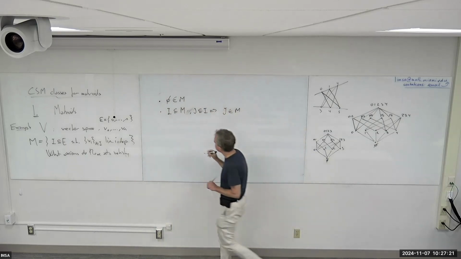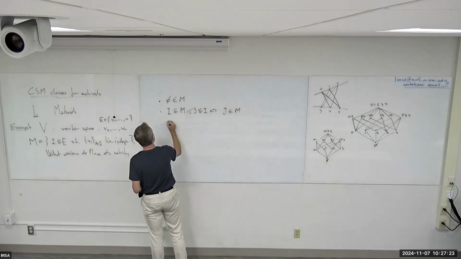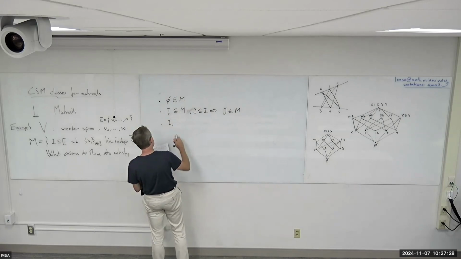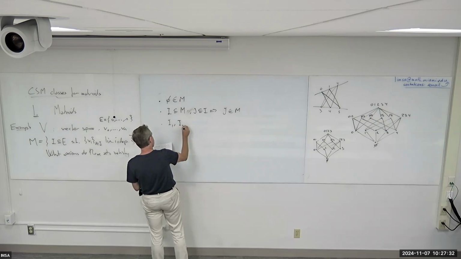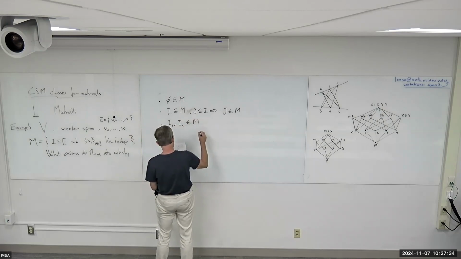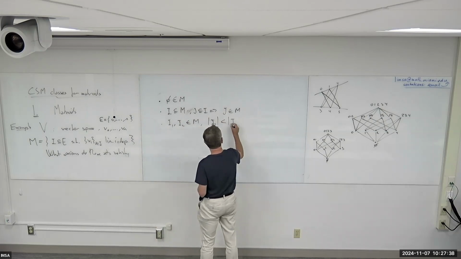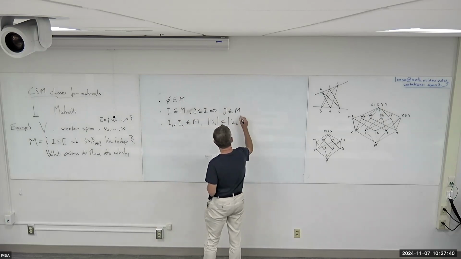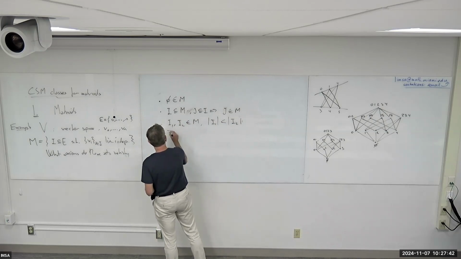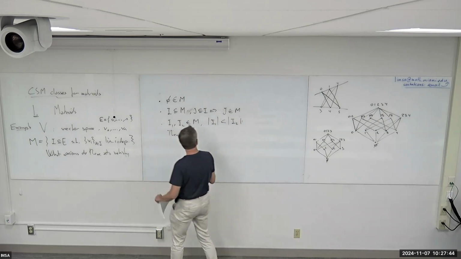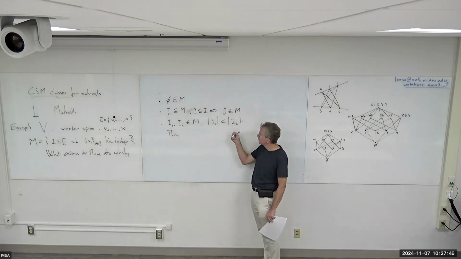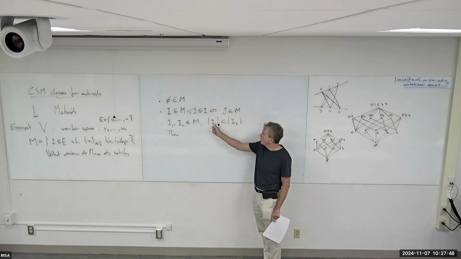And number 3, which is maybe the cleverest: suppose you have I1 and I2, independent sets, and one is smaller than the other. Then what can you do? Well, you can borrow one element of the larger set and throw it in and still get an independent set.